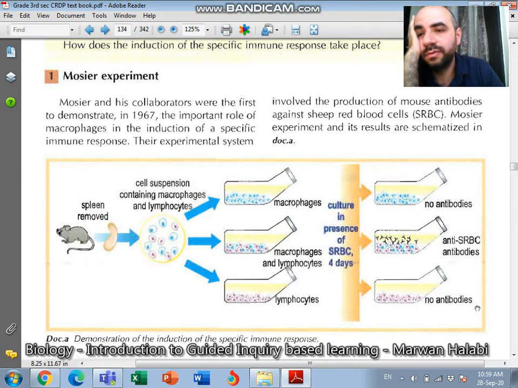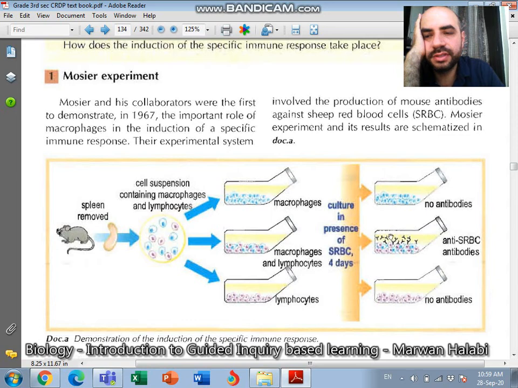So, for example, we can say for this experiment, no antibodies are being produced in the first and the third culture media after adding sheep red blood cells for 4 days to a culture medium containing macrophages or lymphocytes taken from a suspension of cells of a spleen from a mouse.